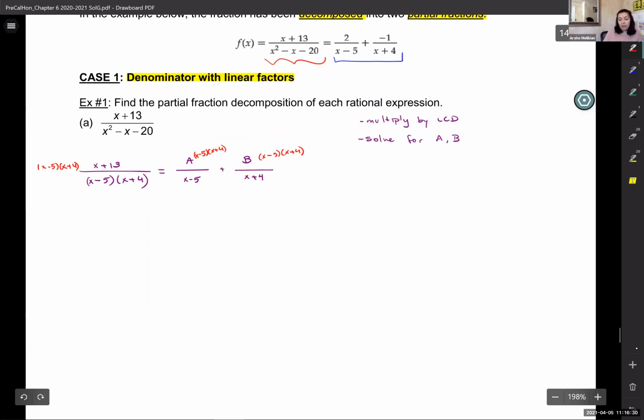After you do this step, your fractions should disappear completely, right? So here we get x plus 13 is equal to, the x minus 5 goes away, so it's A times x plus 4 plus B times x minus 5.